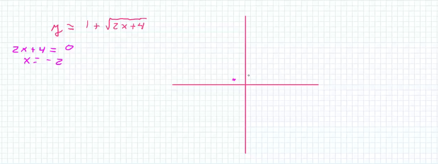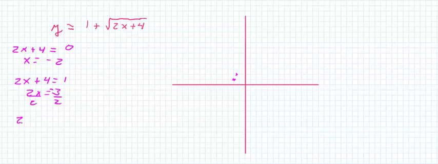Now, I'm going to go up 1 each time, so now we just have to figure out what x is. 2x plus 4 equals 1, subtract 4, 2x equals 3, divide by 2. So at negative 1.5, this is right there, I'm at 2.